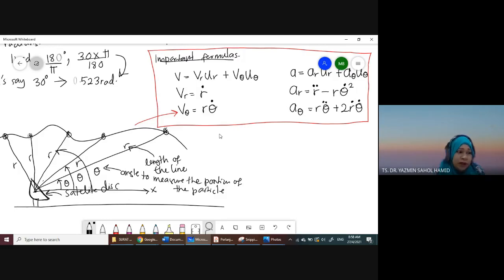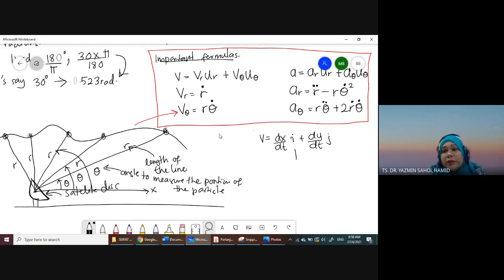Basically you would use the basic formula for calculating velocity. If you remember, the formula for velocity is dx over dt i plus dy over dt j. So this is the basic formula. However, for this type of question, what we need to do is change the velocity.